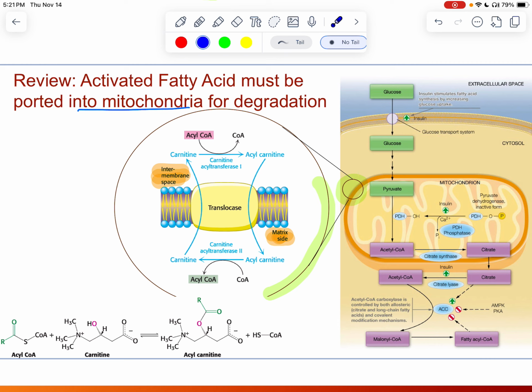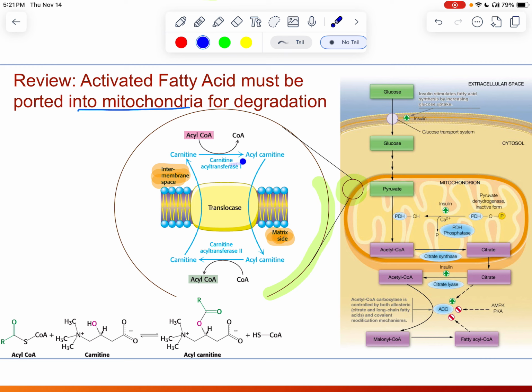And that was good because there is a way to transport the acyl carnitine into the matrix. Once we get it there, we can swap that carnitine back for the CoA, so we've got our acetyl-CoA, so that we can start working on the degradation. Notice here, carnitine acetyltransferase.